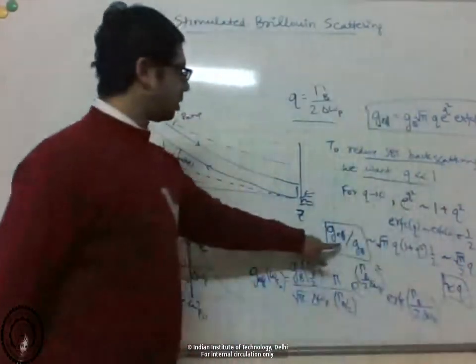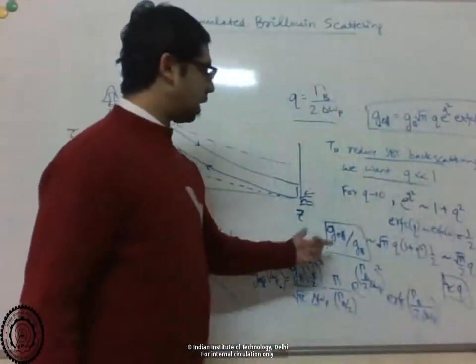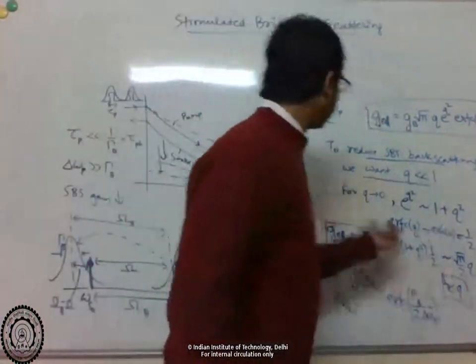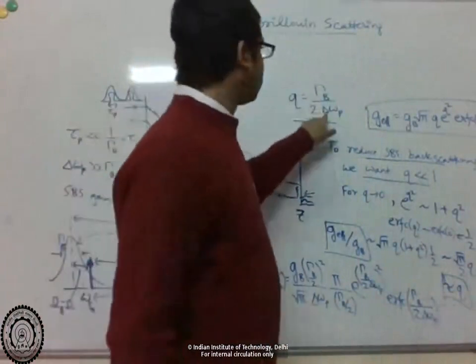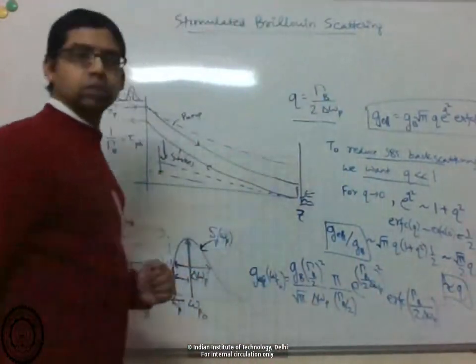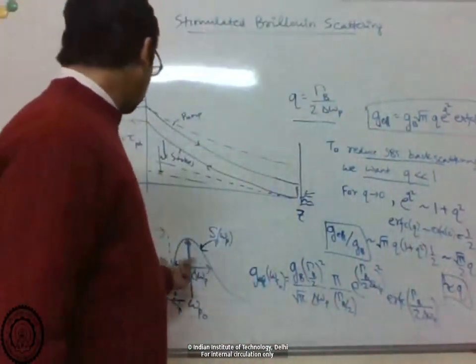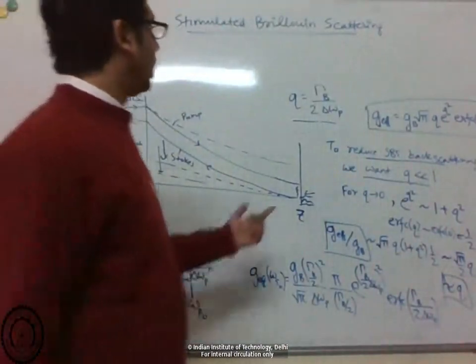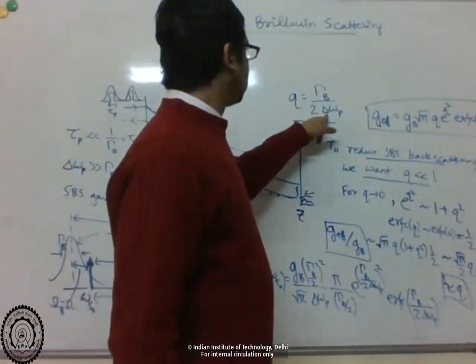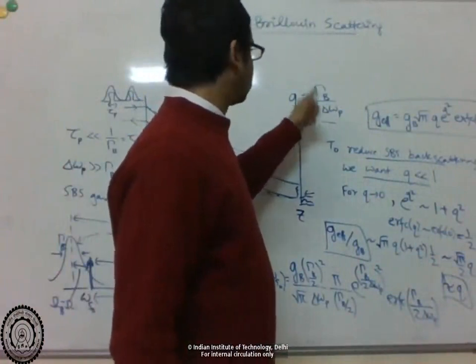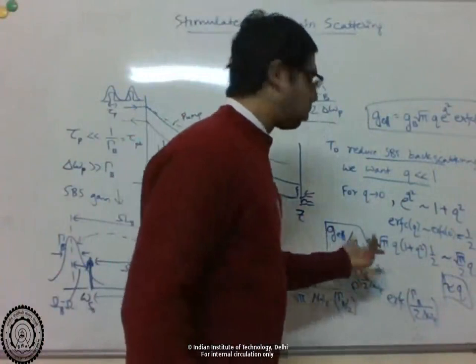So how much the gain goes down is by a factor of Q, which is the ratio of the Brillouin line width to my pump spectrum width. For example, if my pump spectrum is twice the Brillouin line width, so Q is half, then this gain goes down by half.